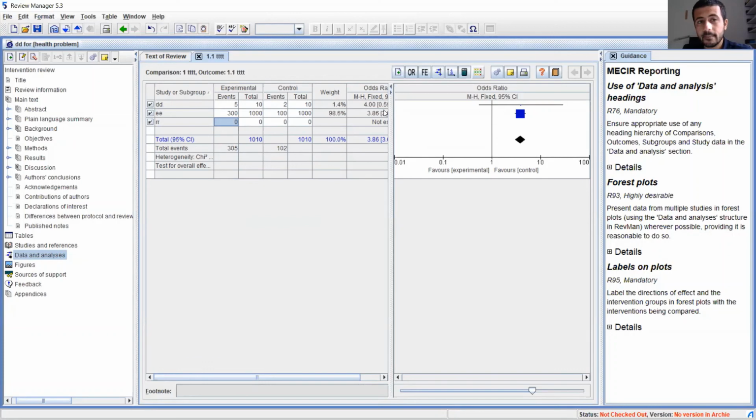I will add here, for example, 4,000 out of 10,000, and here 6. I will put this study on the other side of the line.